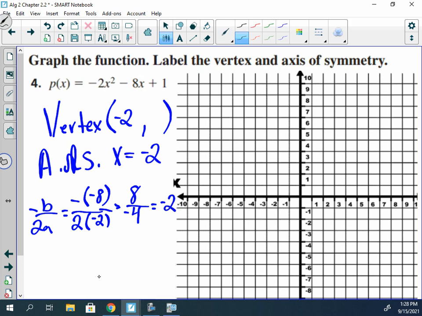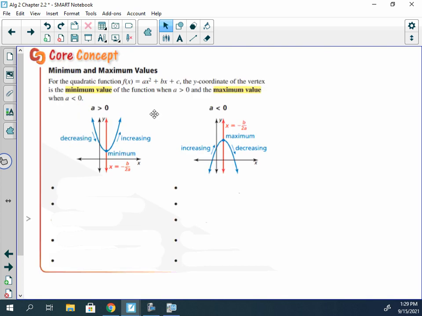So we found that the vertex was (-2, 9), because the calculator told us, either by the table or by just calculating it out. Okay. We're about right on pace.